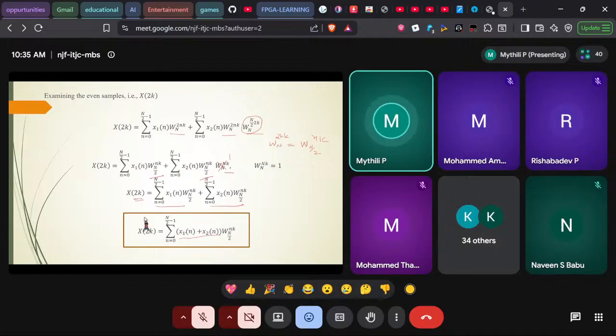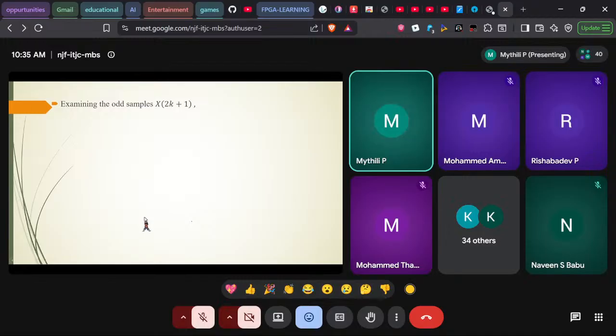Now let's examine the odd. For the odd one, you will also get a similar expression, where this will end up in a subtraction. So let's replace wherever we had a k with 2k plus 1.